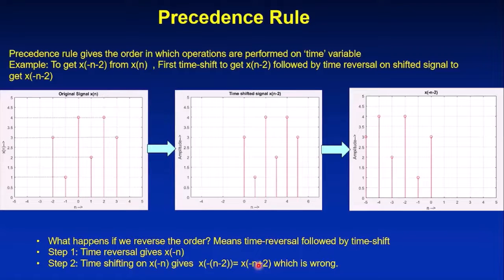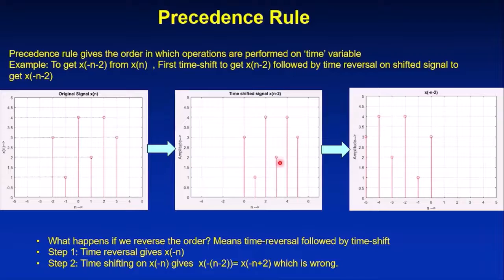So you will get x of minus n plus 2, which is different from the signal which we wanted. So this is not the correct order. We need to follow the precedence rule when you have to perform two operations and time shifting is one of them. So this is about part 2.